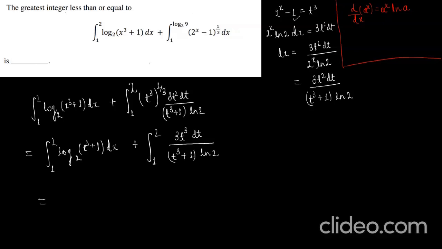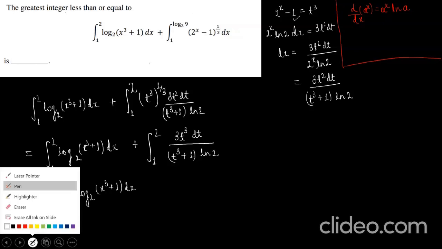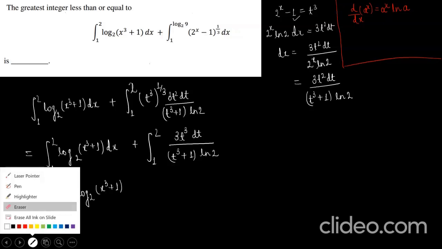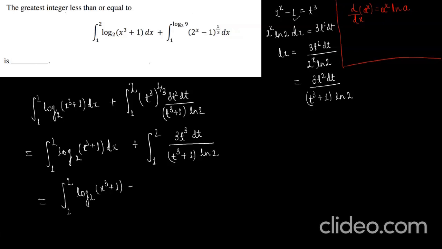So, as I told, merging these two integrals, 1 to 2 log of x cube plus 1 to the base 2 dx plus 3x cube upon x cube plus 1 ln 2.